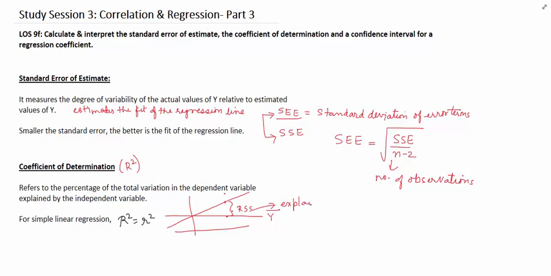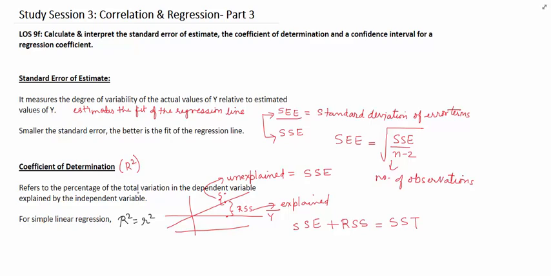This is the variation that is explained by the regression. This is the explained variation. This is the actual value of y, and this is the predicted value. This is the variation which is not explained by regression and is the unexplained part, which is basically nothing but SSE. And the sum of SSE, the sum of squared errors, and the explained variation is the total variation, which we represent by SST.